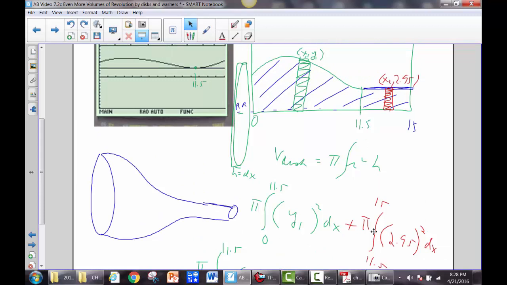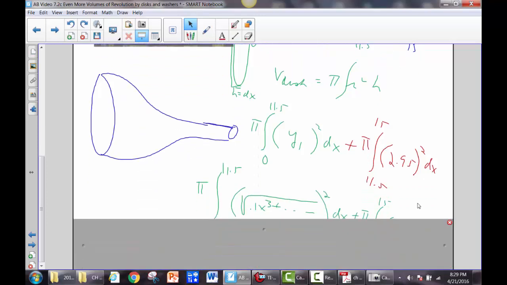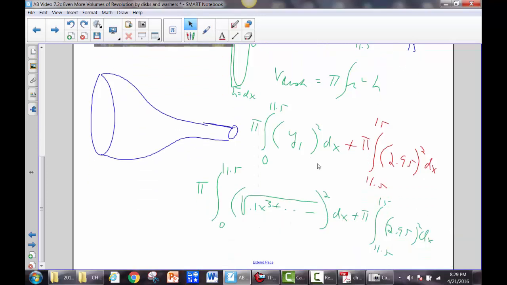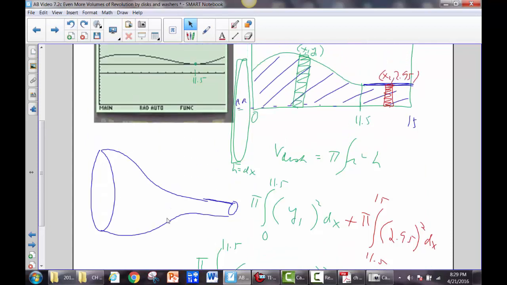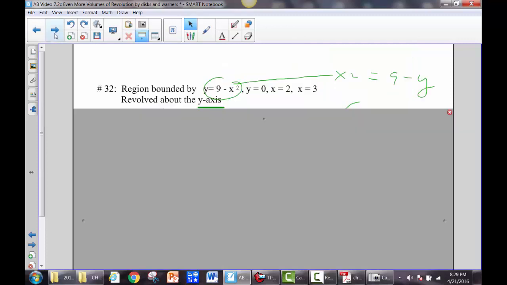The other piece goes from 11.5 to 15. So there's your pi, radius squared dx again, and your radius anywhere here is 2.5 because it's flat. And the actual solid you would get would be this, kind of like a wine bottle.